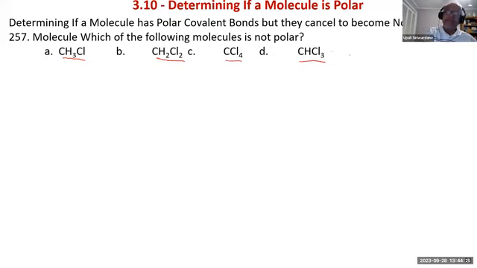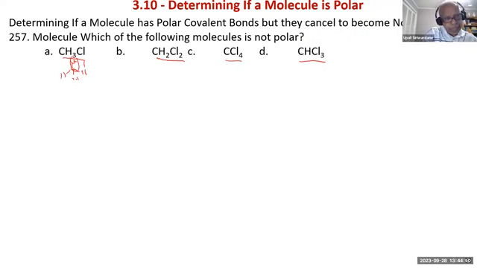If you look at these structures, these are all tetrahedral. Chlorine on the top, hydrogen on the bottom, 3 hydrogens. This electron distribution produces the overall polarity of the molecule.